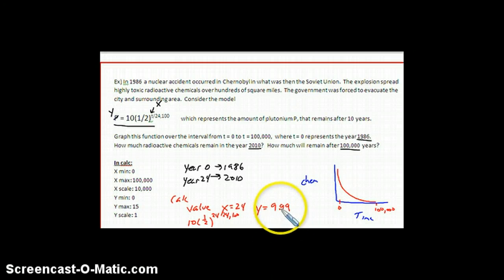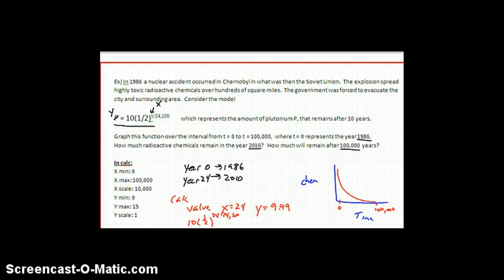So that means there's 9.99, I don't know what the units are, it doesn't give me units here, if it's grams, if it's milligrams, whatever it may be, left of this chemical in the air 24 years after the explosion. We want to know how much of this chemical is left in the air after 100,000 years.